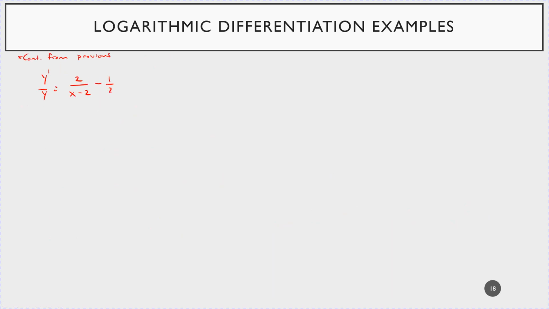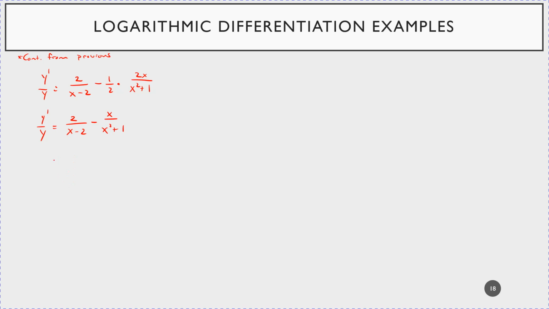So minus 1/2 times 2x over x squared plus 1. The 1/2 and 2 cancel, so I'm left with y prime over y equal to 2 over x minus 2 minus x over x squared plus 1.